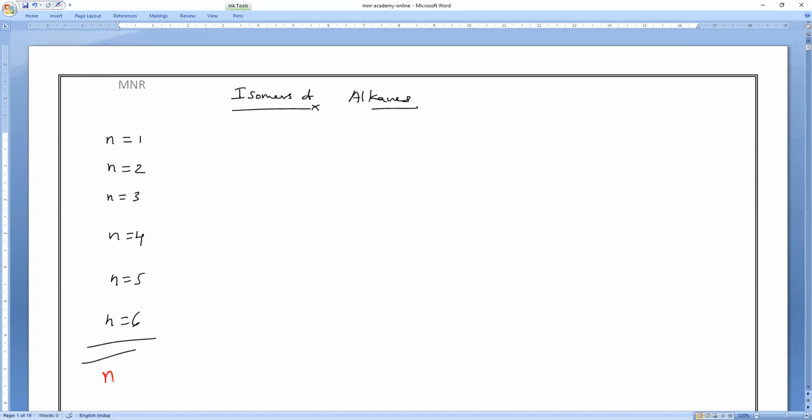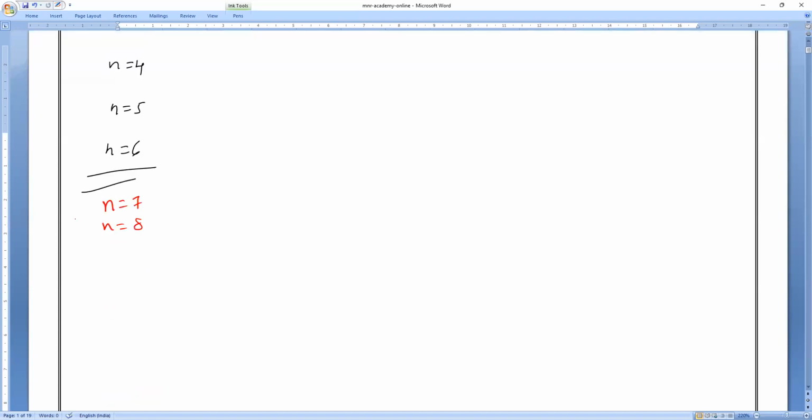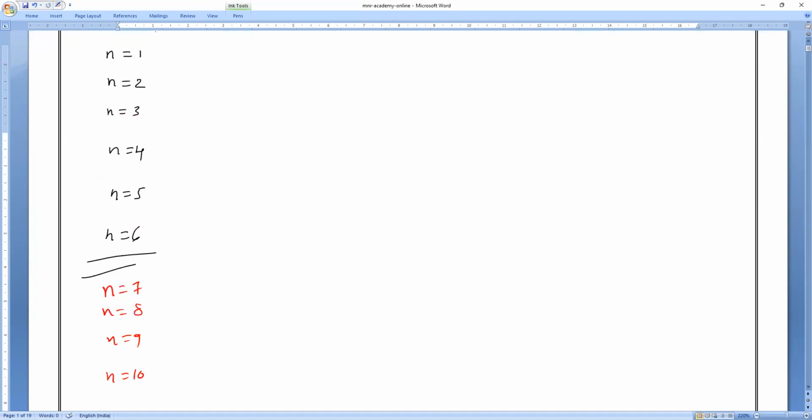Up to n equals 10 you should learn. So n equals 8, n equals 9, and n equals 10. If one carbon is present, then no extra isomer will be there, only one isomer. n equals 2 also, number of isomers is 1. n equals 3 also, number of isomers.